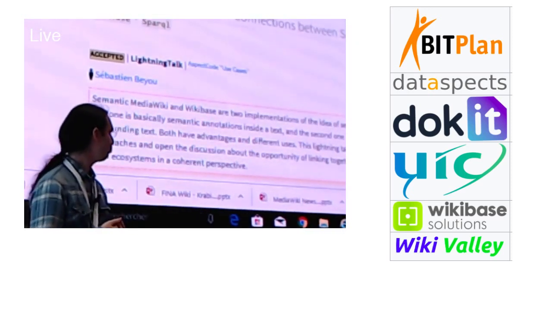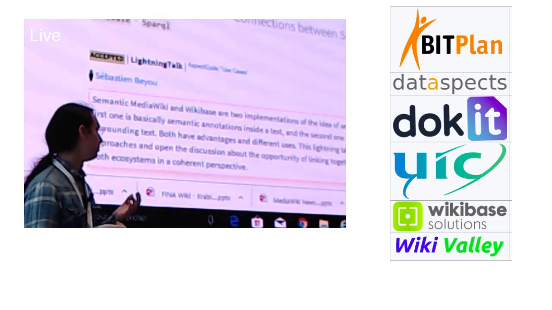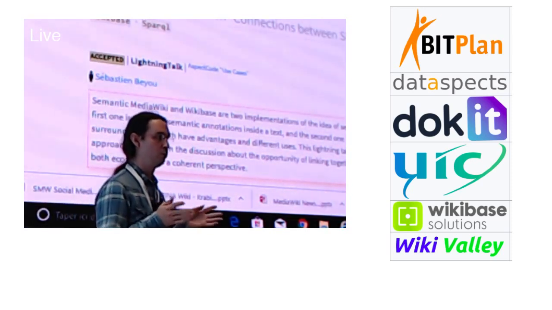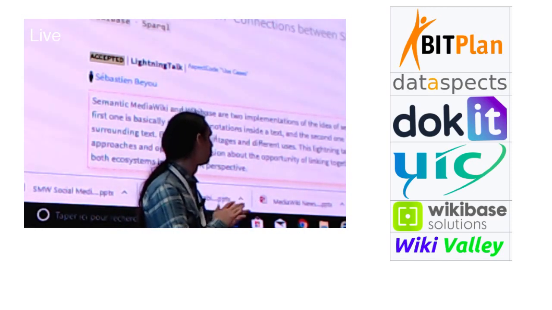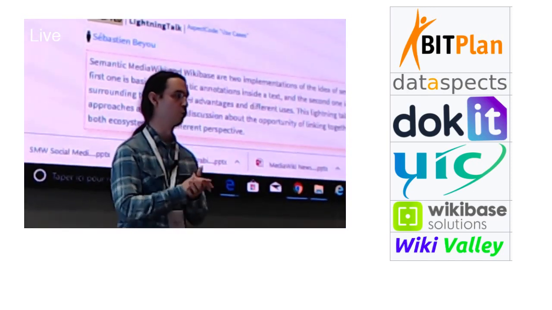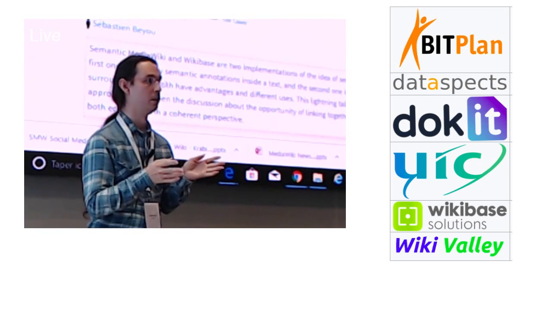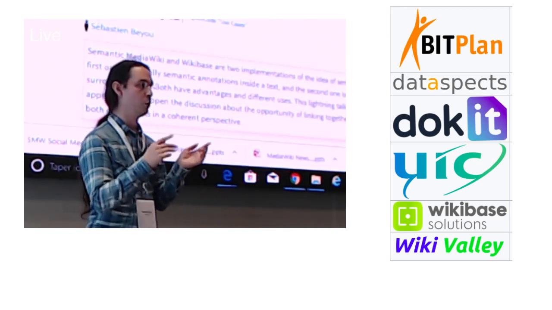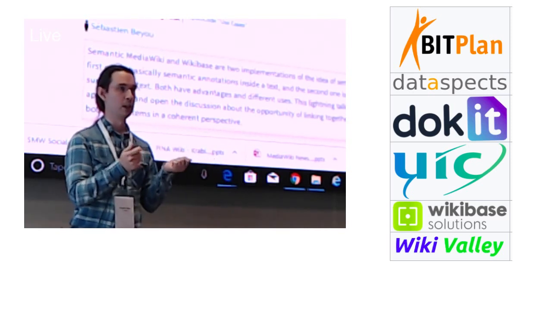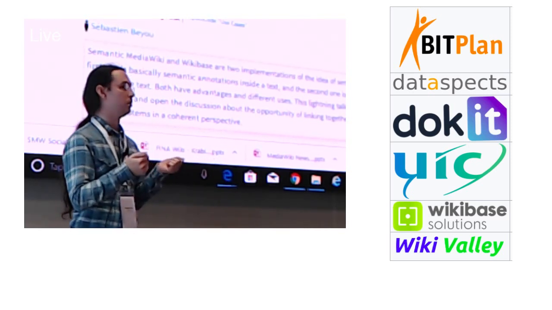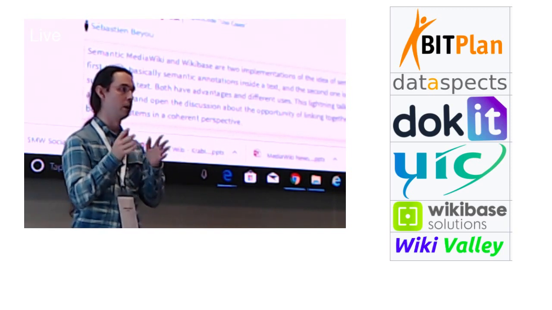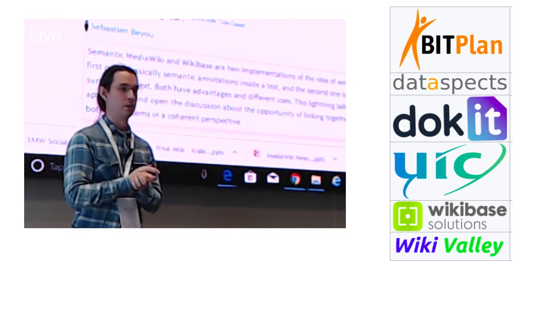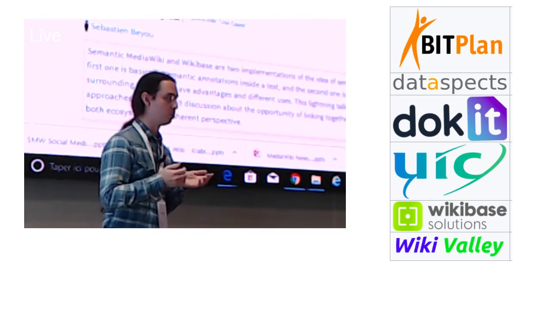So basically, if I have to say in some words what each of the tools is, Semantic MediaWiki is some free text in which you add semantic annotations, and you can also add more structured data in a table, but it's a matter of presentation.